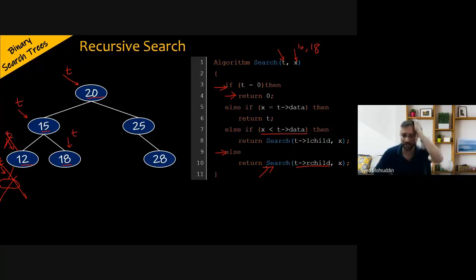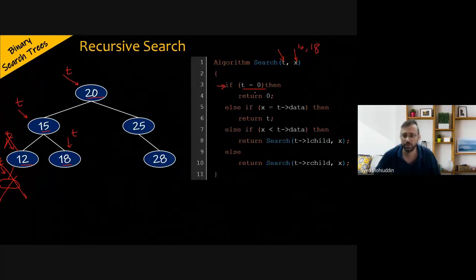Once it is recursively called, t will be pointing to 18 and we are trying to search 18. So the statement t equal to 0 is false because t is pointing to some node.